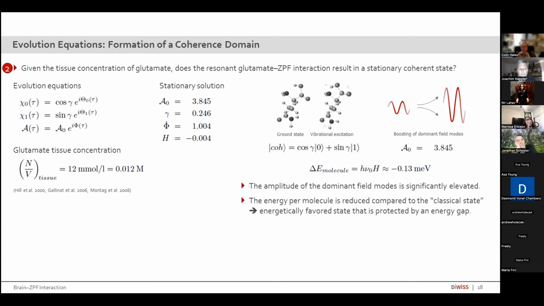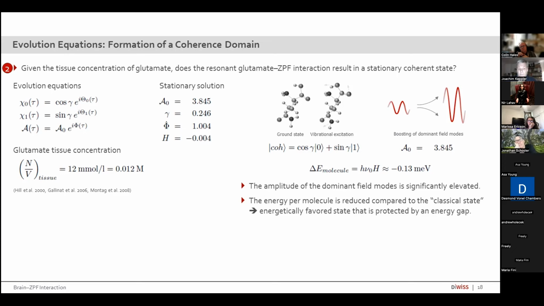And it turns out that we are now where we expected. We get, first of all, a coherent state, a stationary coherent state of the glutamate pool. And on the other hand, a significant boosting of the dominant field modes that play the main part in this interaction. So what we wanted to get is this result, namely a significant boosting in a microcolumn of the relevant field modes.